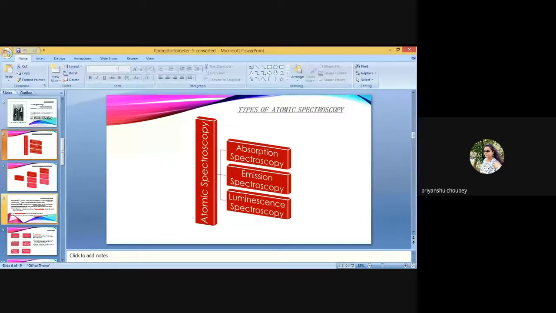Most of the leading instrument manufacturers have launched tandem models of AAS with interchangeable flame and graphite furnace versions.